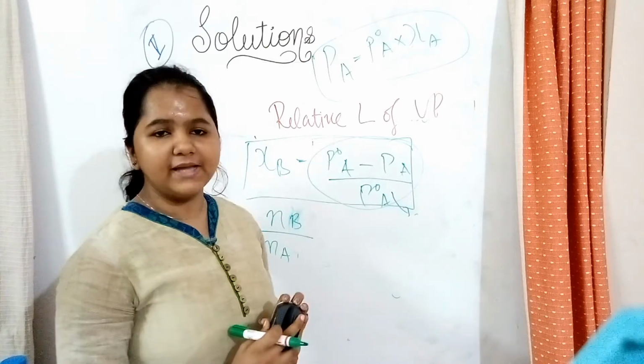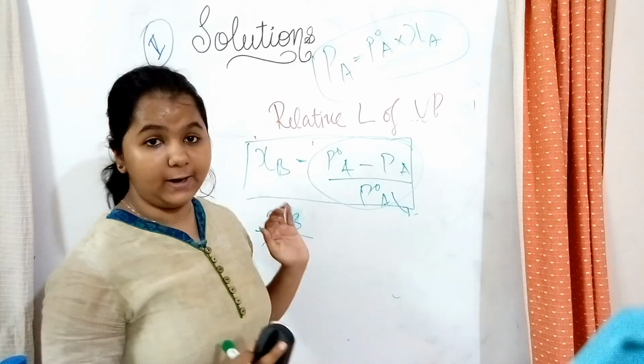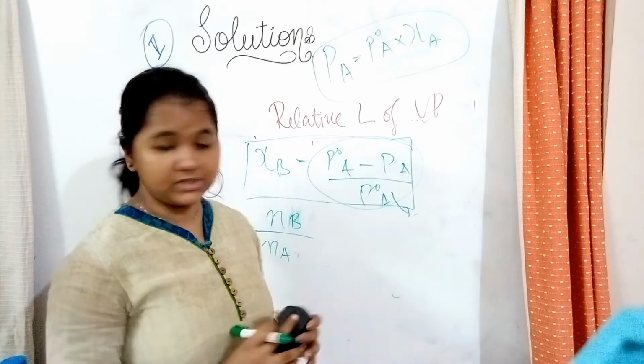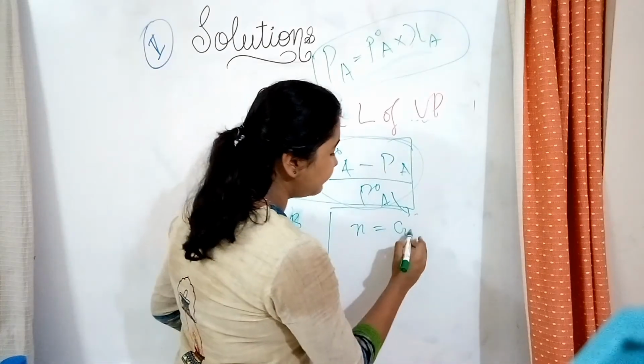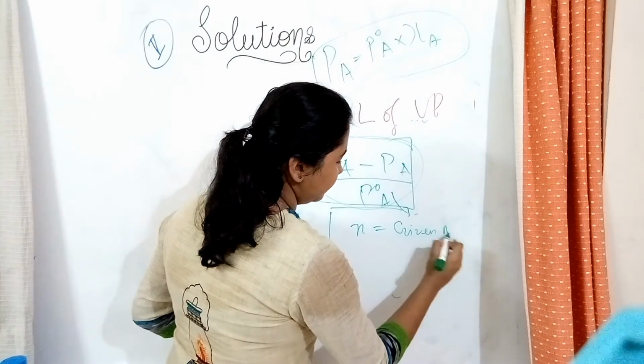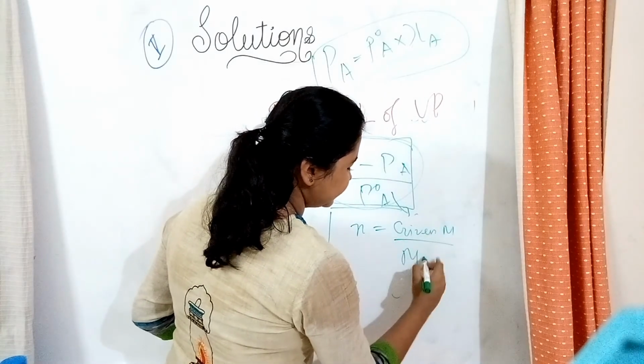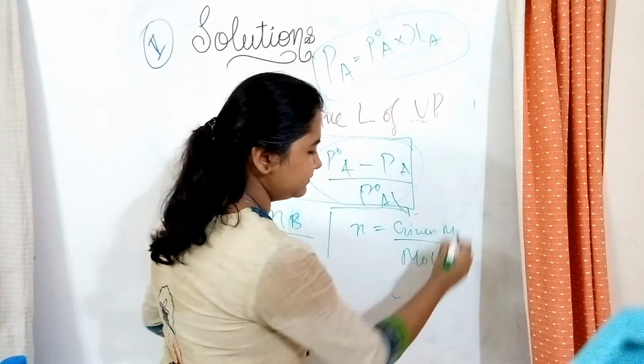So how do you find out the number of moles? Number of moles is equal to given mass divided by molar mass. Am I right?